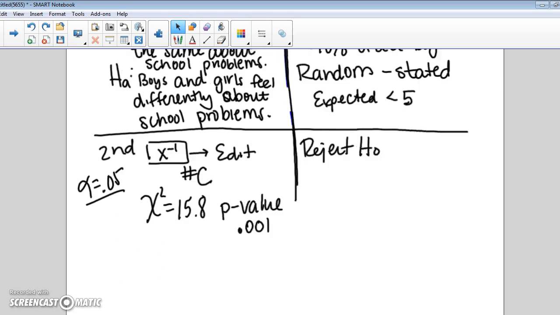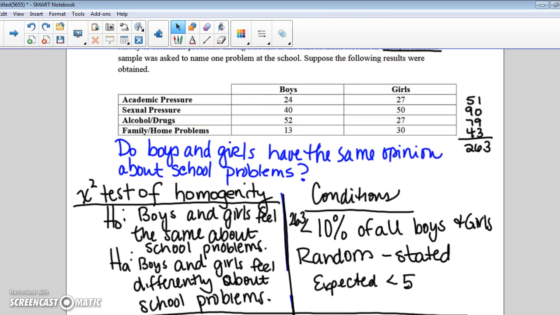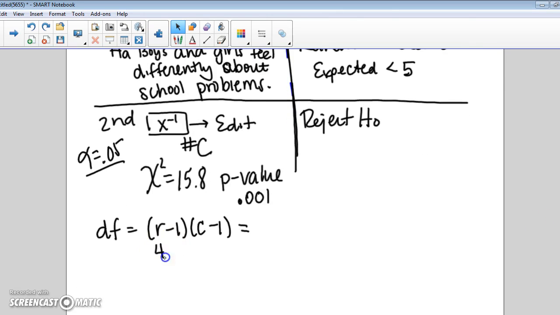For this test, the degrees of freedom is a little different. It's rows minus 1 times column minus 1. So for this problem, it's 4 rows and 2 columns. So 4 minus 1 times 2 minus 1 gives us a degree of freedom of 3.